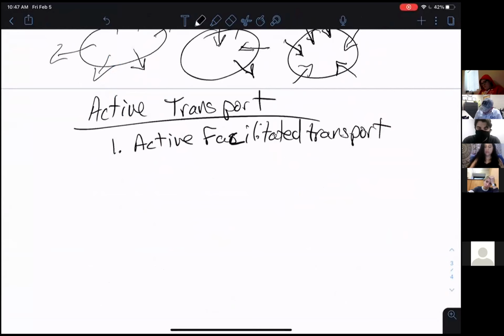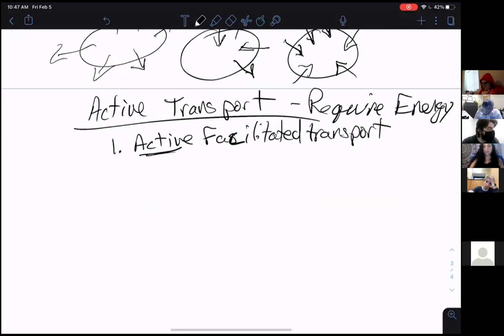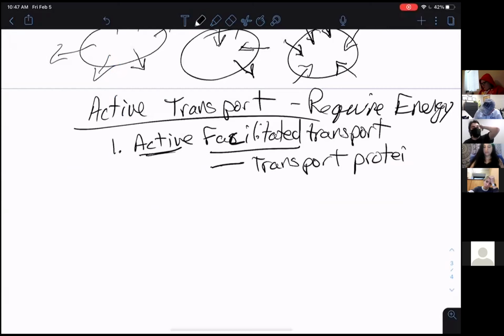Active meaning that it requires energy. So all active transports require energy. But it's facilitated in that it requires a transport protein. So there are special proteins that use energy to pull things in.